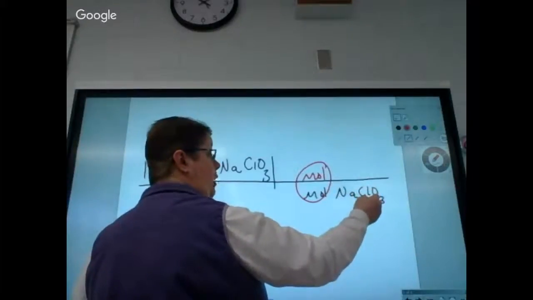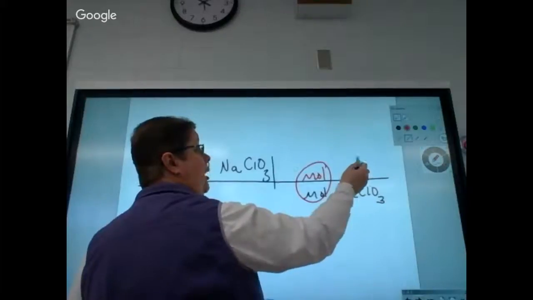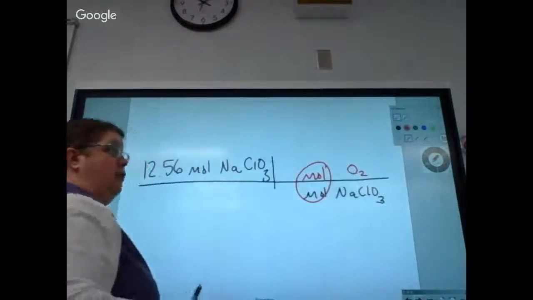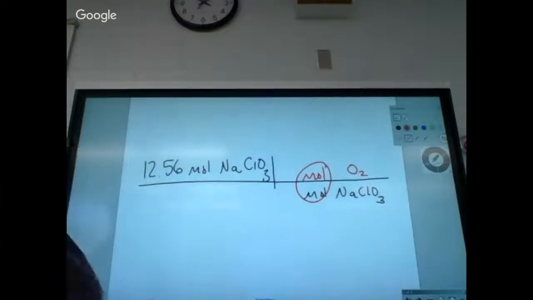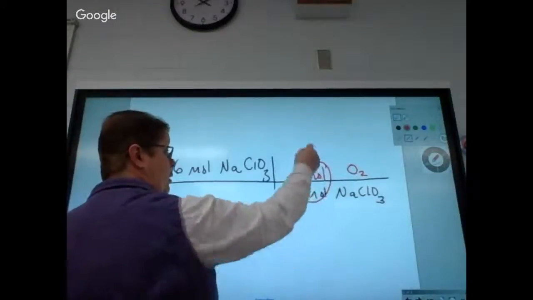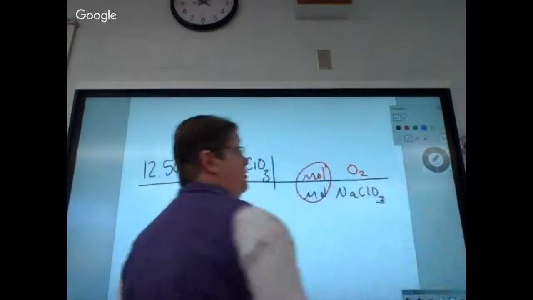So we have sodium chlorate on the bottom, so we're going to put a different compound on the top. So what compound are we going to put on top? O2, which is what they asked for, right? So we can have a different compound on the bottom and the top because we have what here? A mole ratio. All right. Where did we learn the numbers came from in mole ratio yesterday?